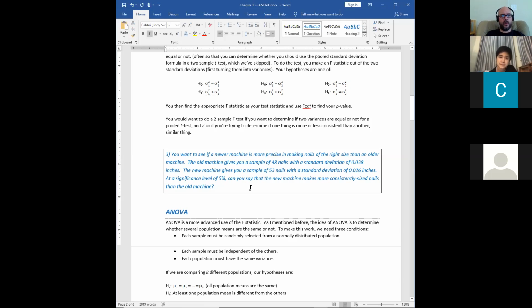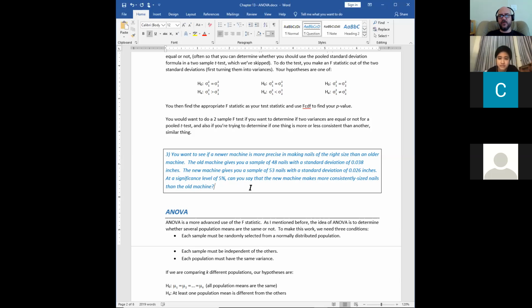So let's look at number 3. You want to see if a newer machine is more precise in making nails of the right size than an older machine. So the old machine gives a sample of 48 nails, standard deviation of 0.038 inches. New machine has a sample of 53 nails with a standard deviation of 0.026 inches. And we want to see if the new machine makes more consistently sized nails than the old machine.